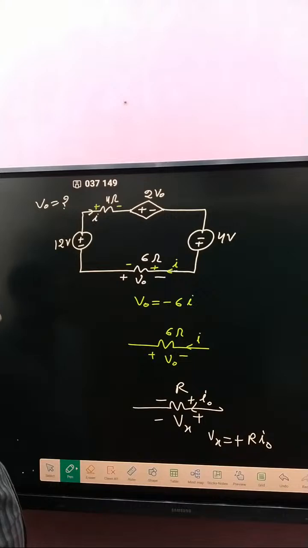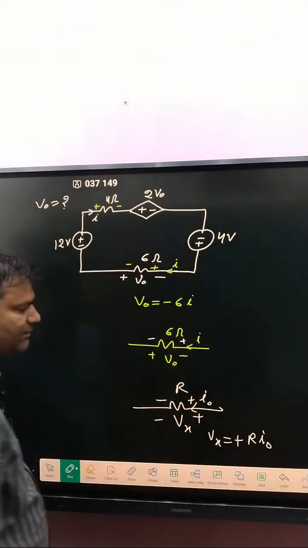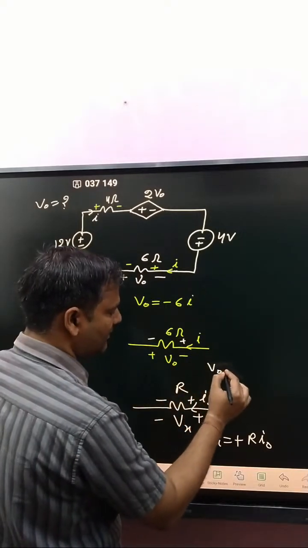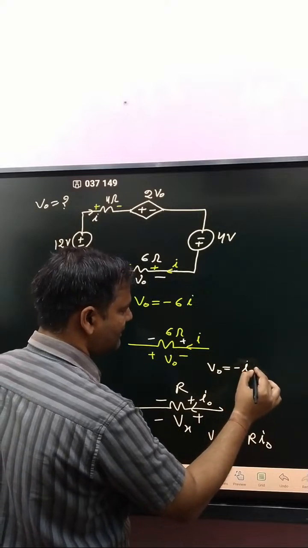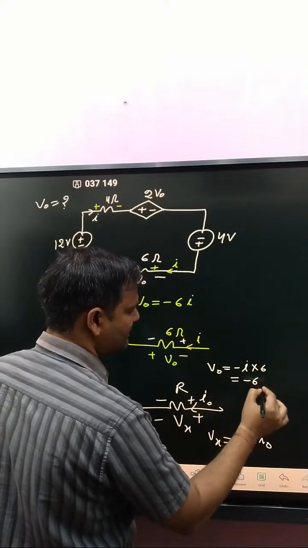But if both polarities are different, meaning current enters from positive to negative and the polarity is different, then V naught is written as simply minus of I into resistance. So into 6, written minus 6I.